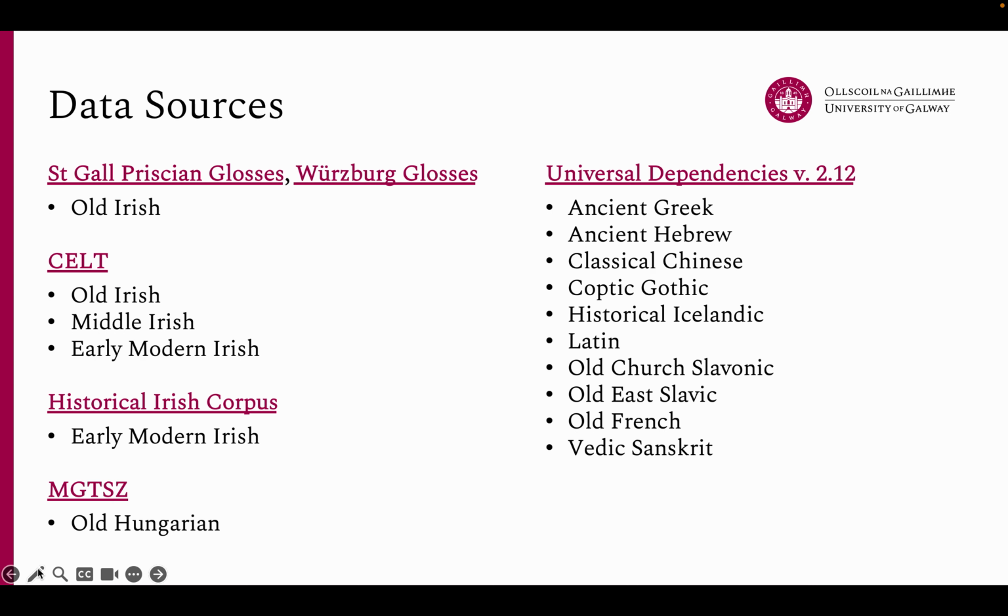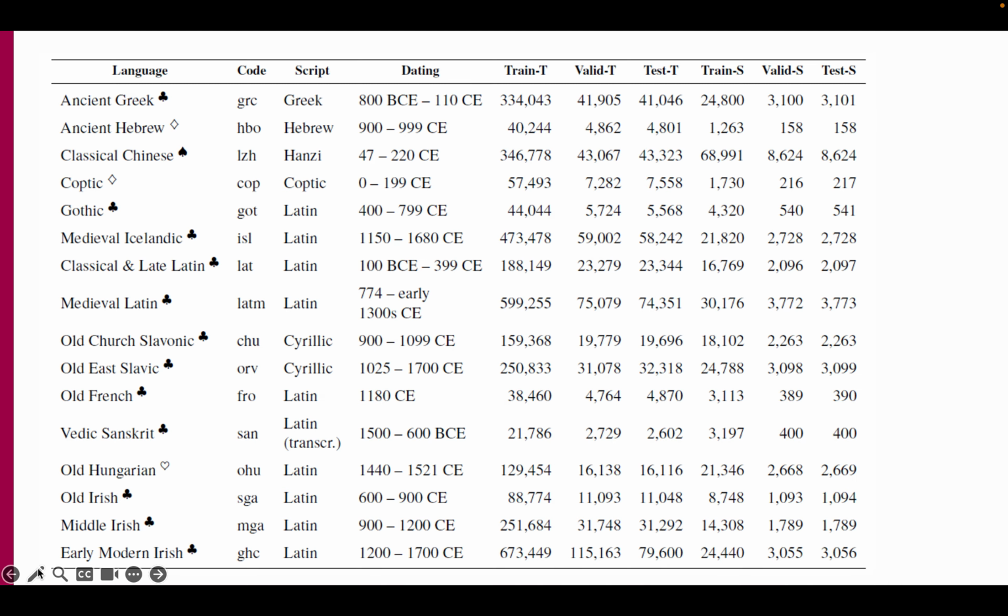Historical forms of Irish were only included in mask fill-in challenges, as the quantity of historical Irish text data which has been tokenized and annotated to a single standard so far is insufficient for morphological analysis tasks. The Irish texts were drawn from the Corpus of Electronic Texts, or CELT, the Historical Irish Corpus, and from digital editions of the St. Gall Priscian glosses and the Würzburg Irish glosses.